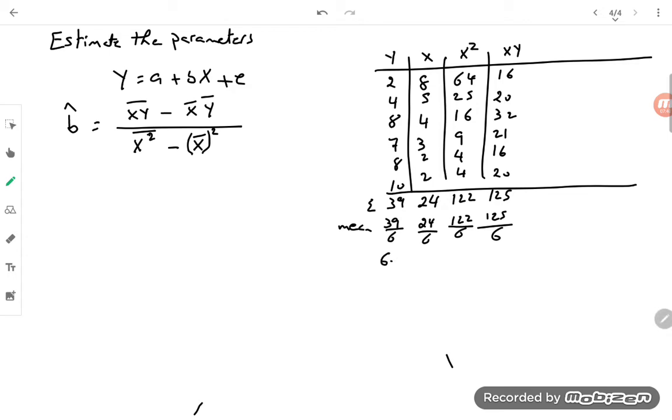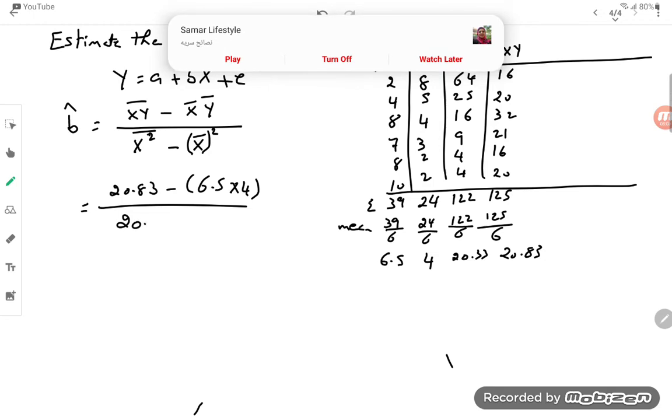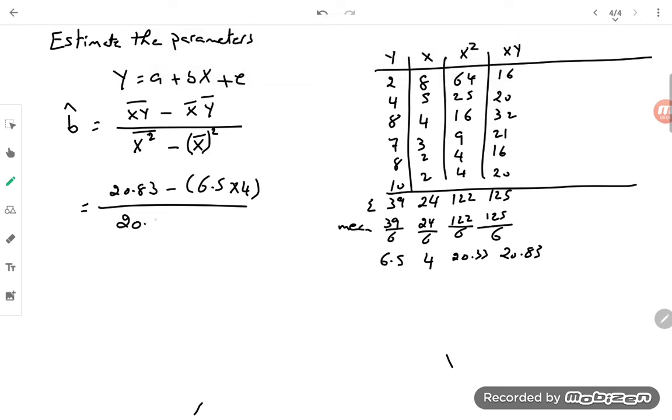So this is 6.5, this is 4, 20.33, and 20.83. Now we are going to substitute in the equation in order to find the value of b hat. 20.83 minus 6.5 multiplied by 4, divided by 20.33 minus 4 squared.